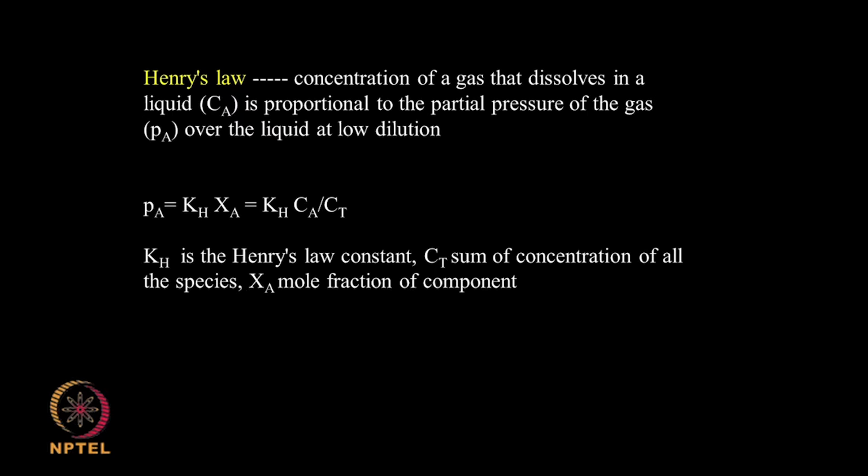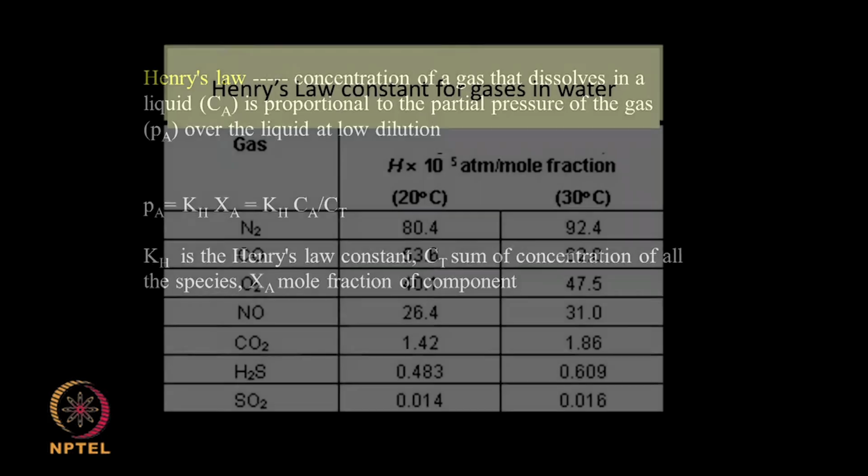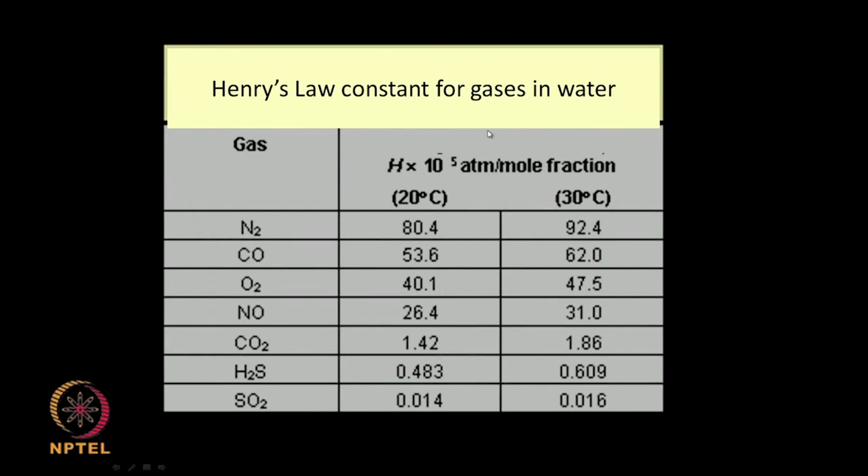If there is a reaction, Ca will disappear into some product, so there will be more and more of the gas getting absorbed. This is the Henry's law constant for gases in water. For example, you can see at 20 degrees nitrogen, carbon monoxide, oxygen, carbon dioxide and so on, hydrogen sulfide, sulfur dioxide at 2 different temperatures.